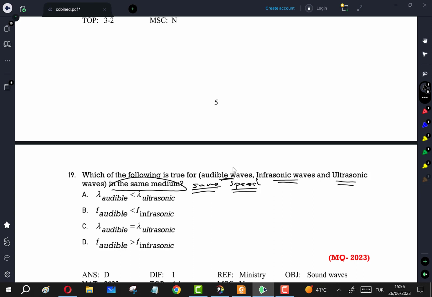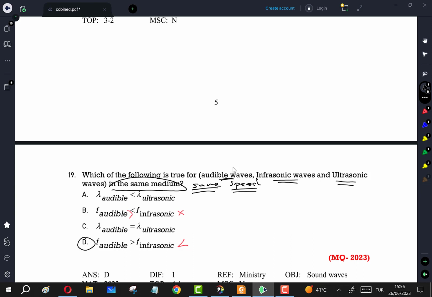Choice B, frequency of audible is less than infrasonic. Frequency of the audible is greater. So that's why this is not correct. Frequency of audible is greater than infrasonic. Yes, this is correct. And answer choice seems to be D, but let's check the other two choices.